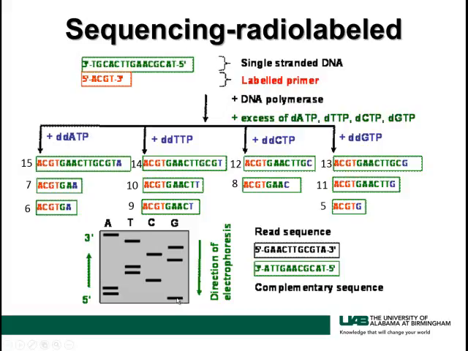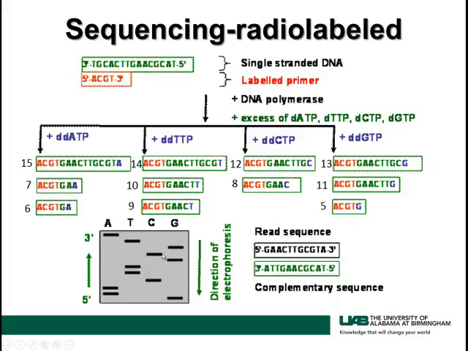G is the smallest, then comes 2 A's, then comes C, and so it matches because we have G and then 2 A's, and then a C, right? G, A, C, and then 2 T's, so T, T, right?